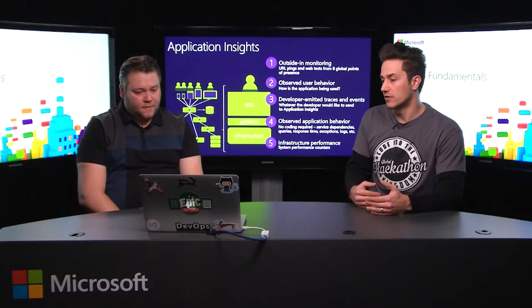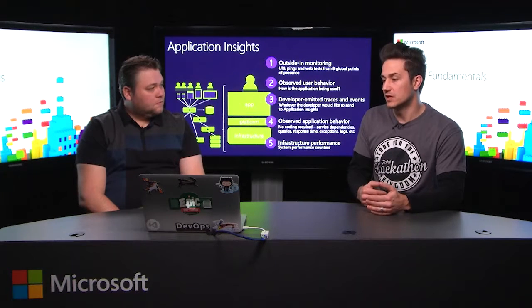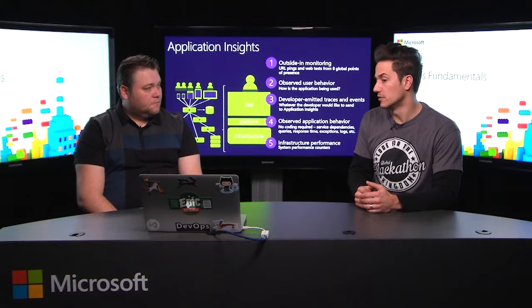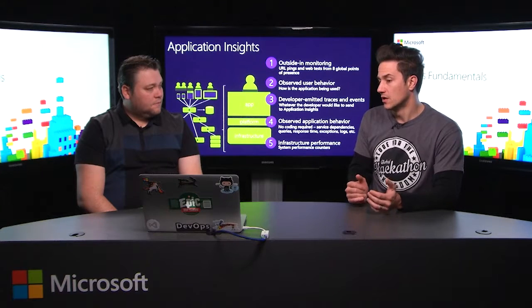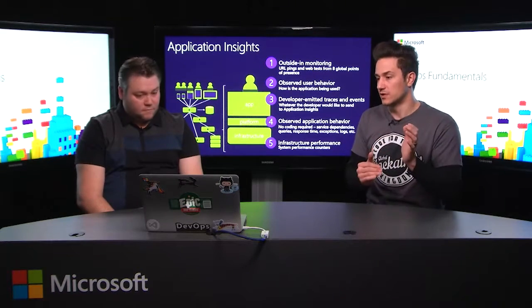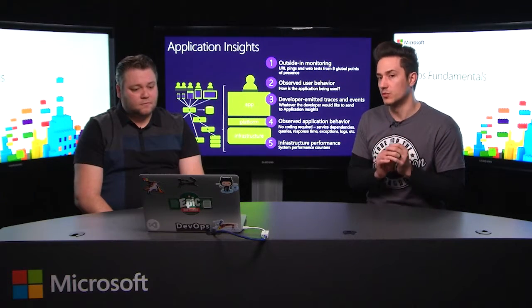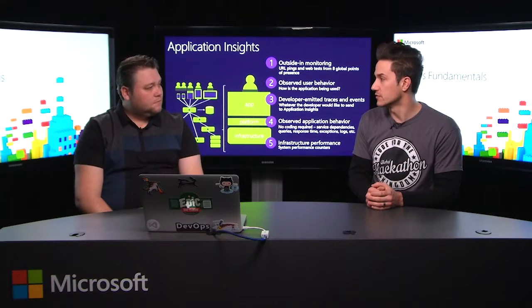It does require the combination of both, but that's going to give you the richest, deepest information, where now you're lighting up application performance monitoring. And Tiago is going to show you a little bit more about what that looks like. So App Insights does a lot of stuff, as you can see, with different levels or levers that you can pull to enable different things within App Insights.